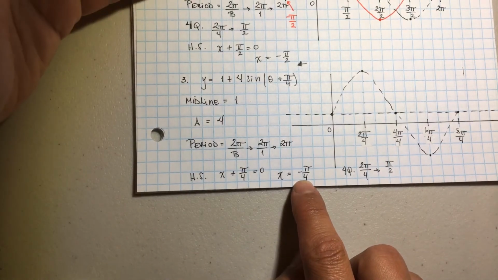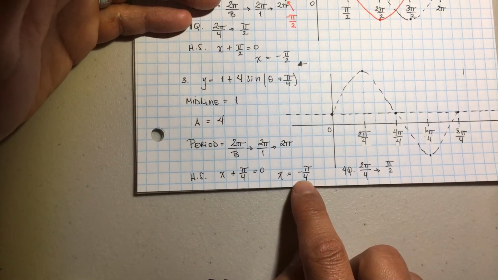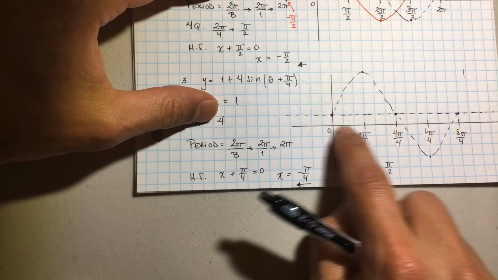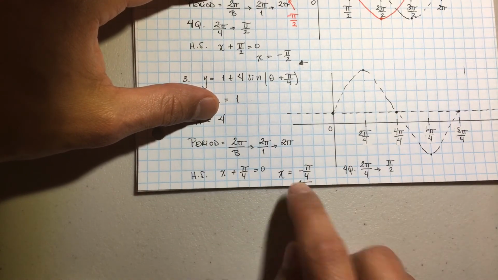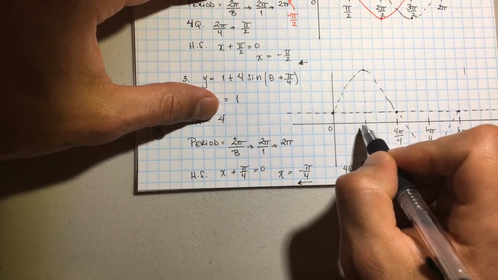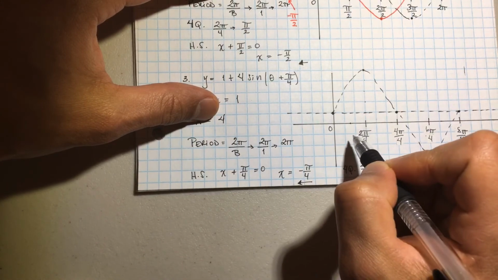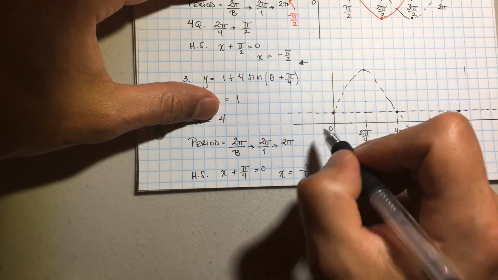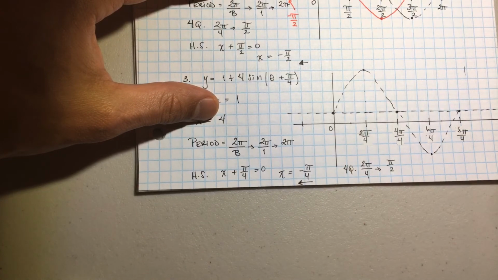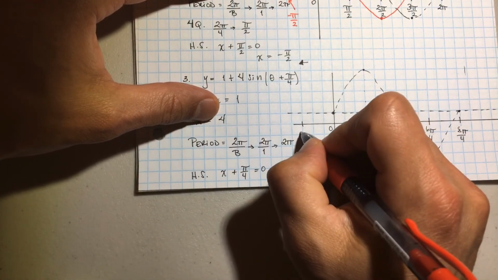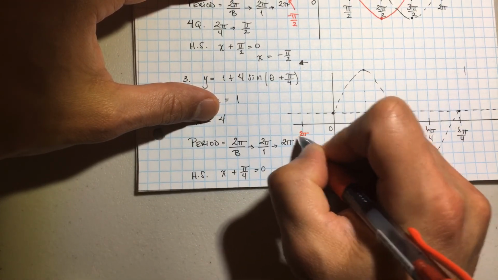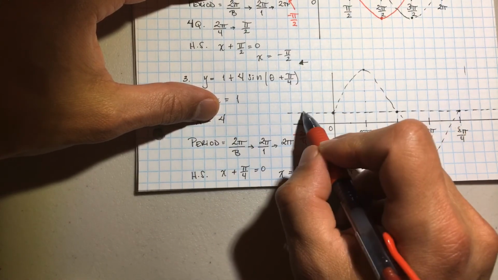So now if I have to move it 1 pi over 4, I know what to do. If this is 2 pi over 4, how do I move it back 1 pi over 4? That's easy. I'm just going to find the middle spot. Maybe around here, right? So let's say this guy over here is negative 2 pi over 4.